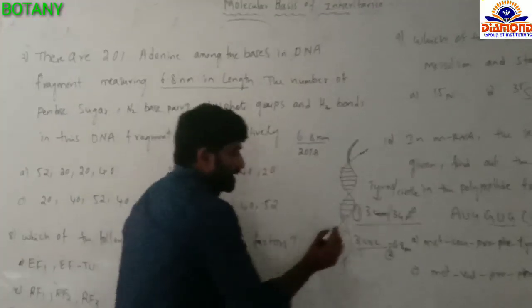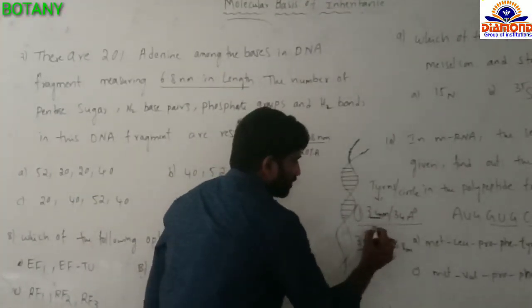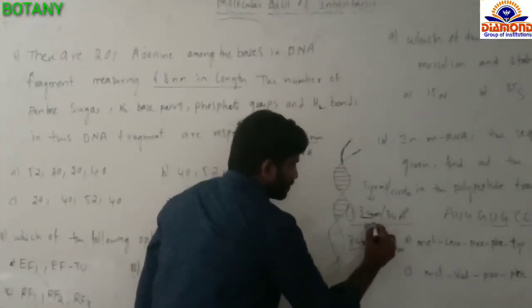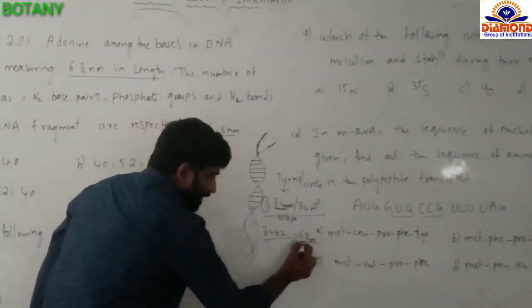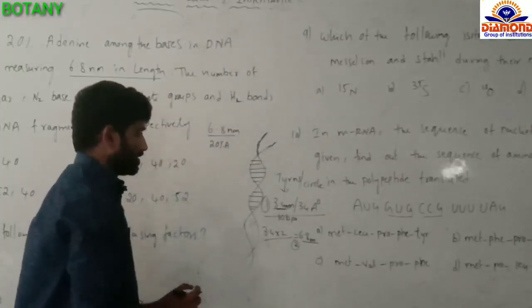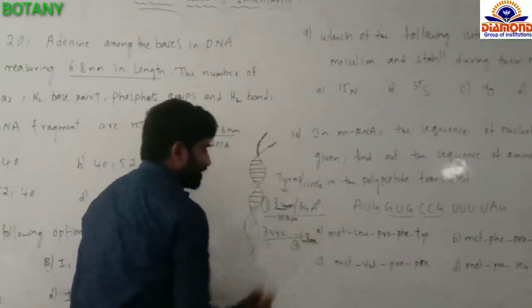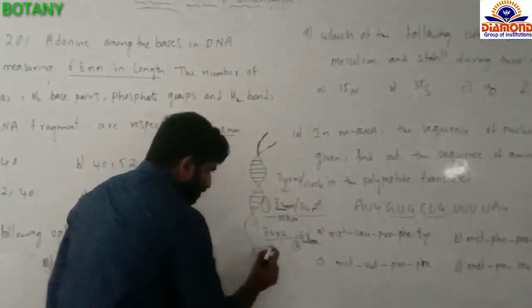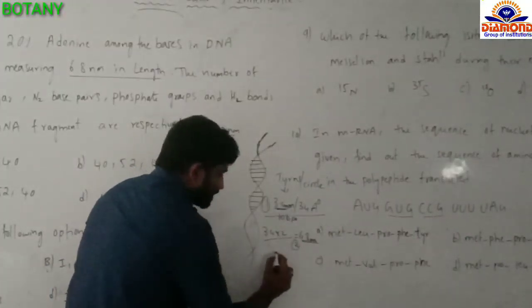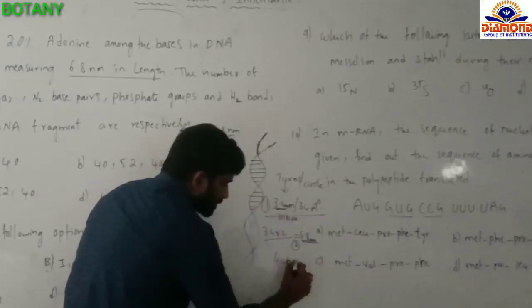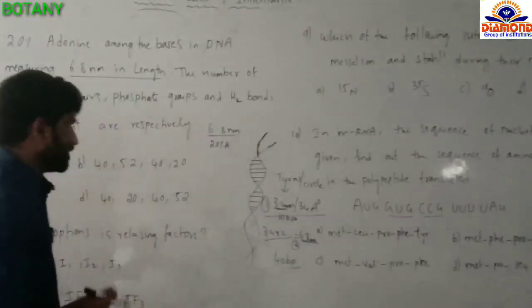Each helix, that is 3.4 nanometers of the DNA, is equal to 10 base pairs. So 6.8 nanometers, 3.4 into 2 turns, contains 40 nitrogen bases.